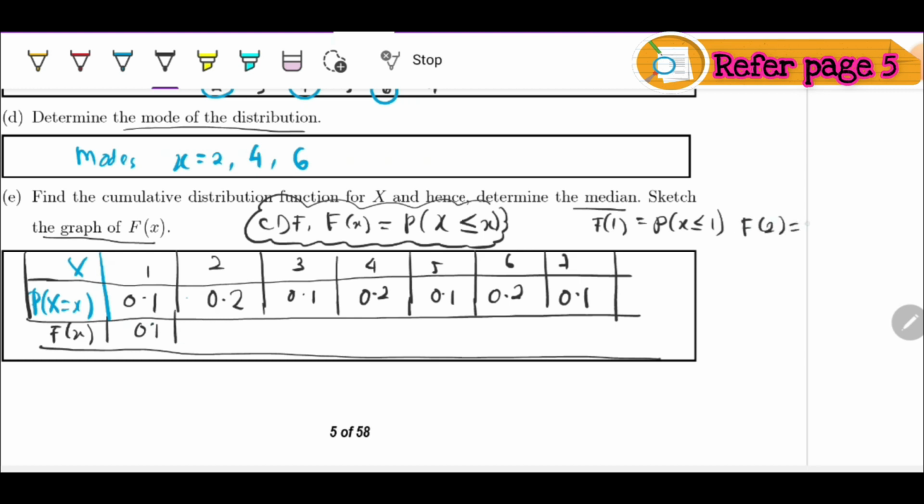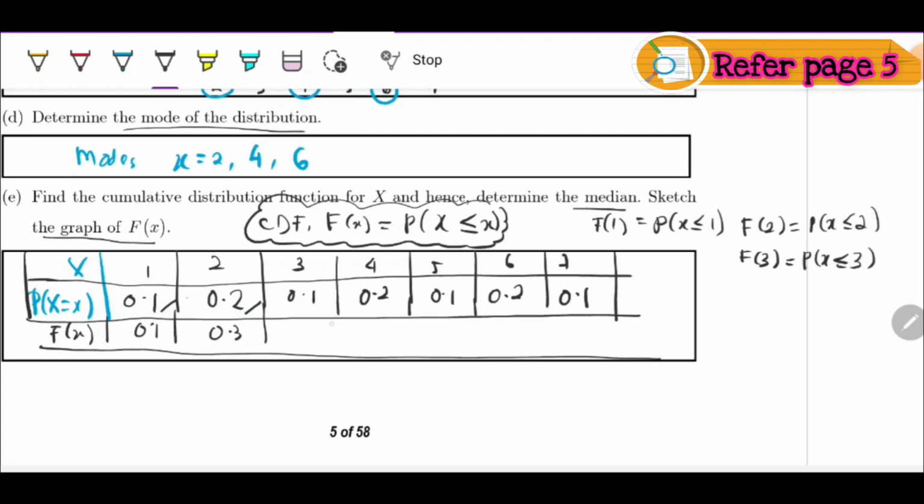F2 means Px less than equals to 2. So we add the probability when x equals to 1 plus the probability of x equals to 2. So we get 0.3. F3 is equals to Px less than equals to 3.